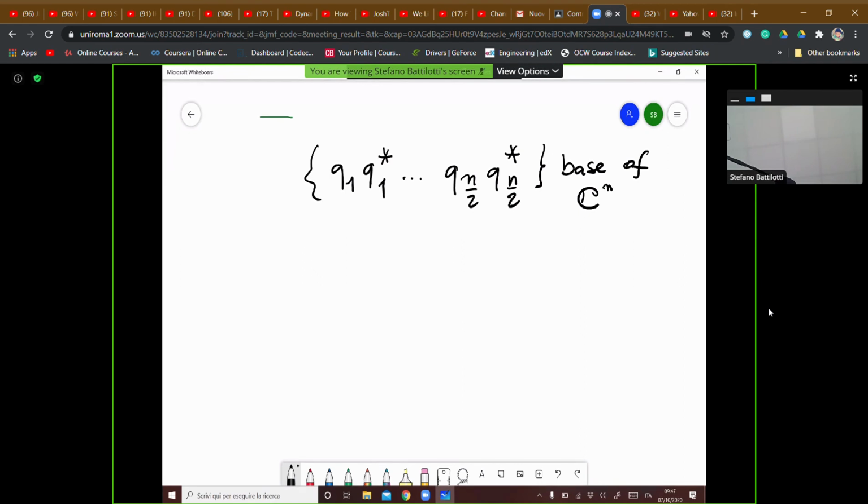Our space is something physical, so not imaginary. Okay, so for this reason, instead of taking pairs qi star, we will take the real and imaginary part of qi. So v1, w1 up to vn over 2, wn over 2. So the real and imaginary part of each q1 through qn over 2.